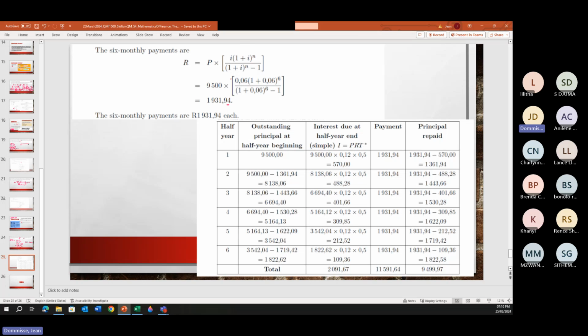But again, you could have used the formula, and Kanye, again, to your point, that would have been 0.12 divided by 2. So when you use the formula, it's very important to remember that this time it was a half-yearly interest rate that you need to work with.